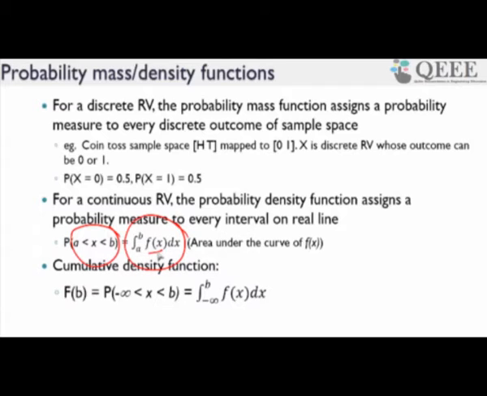This f of x is called the probability density function, and if the lower limit is minus infinity up to b, this says what is the probability that this variable will take any value from minus infinity to b. This is what is called the cumulative distribution function.